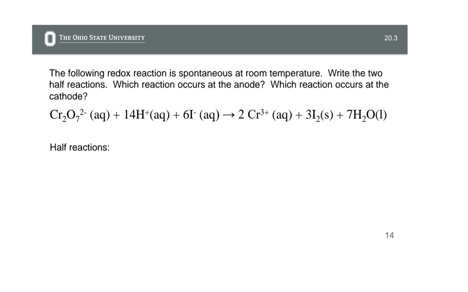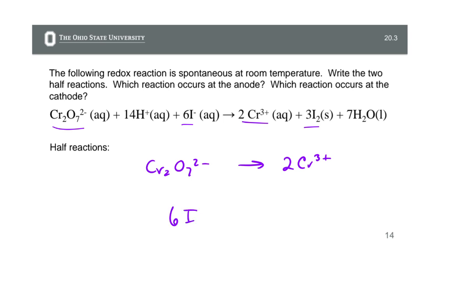All right, so hopefully you got started at least. I'm going to split up this reaction and separate the chromium. So we're going to have Cr2O7 2- forms 2 Cr3+. And I'm going to also include a second half reaction for the iodide to iodine.